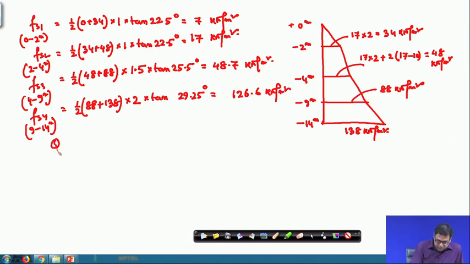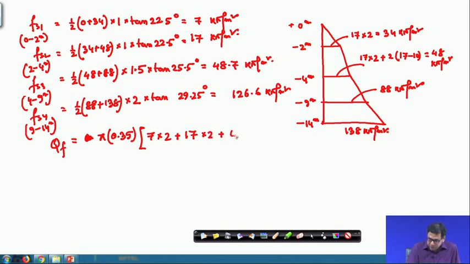So, my QF is equal to pi d, d is 0.35. Then we have to consider this length. The first one is 7 and the length is 2 meter. Then second one is 17, length is 4 minus 2, that is 2 meter.